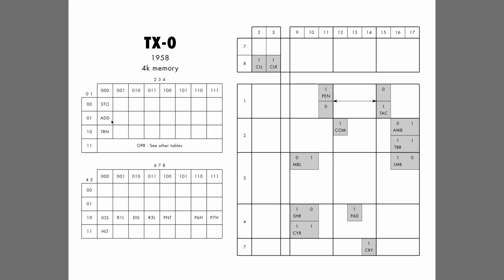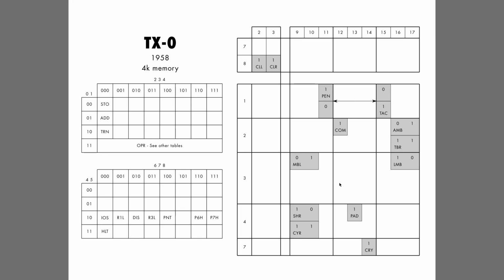Also, if you do it before an add, that will give you a load, because 0 plus anything from memory is just that value in the accumulator. And you can combine these things in various interesting ways, and it's quite surprising how many possibilities there are to form useful instructions.